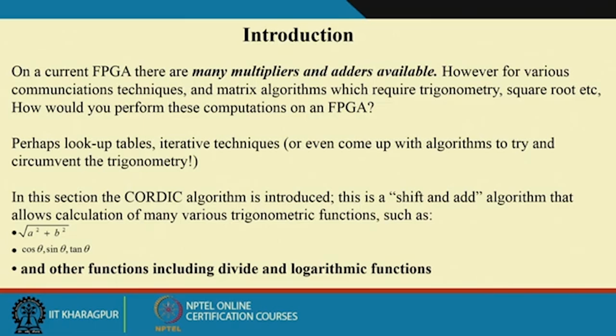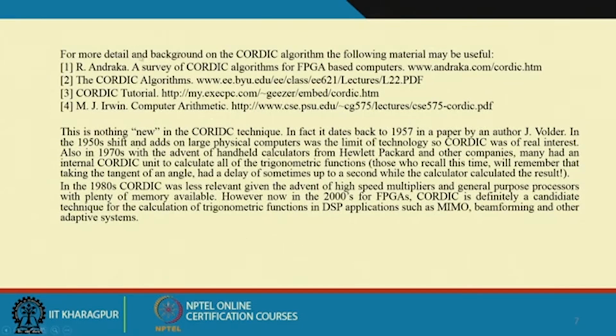The CORDIC algorithm requires only shift and add operations, and it can calculate various trigonometric functions like the square root of a square plus b square, sin theta, cos theta, tan theta, and other functions like division and logarithmic function implementation. All this can be done using CORDIC. Okay. So how can it be done?